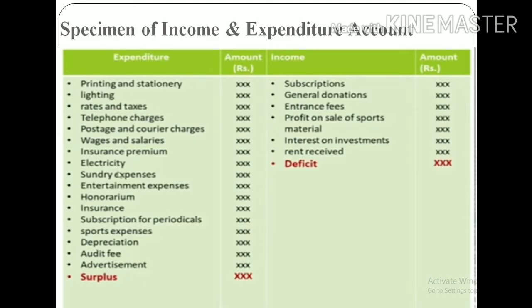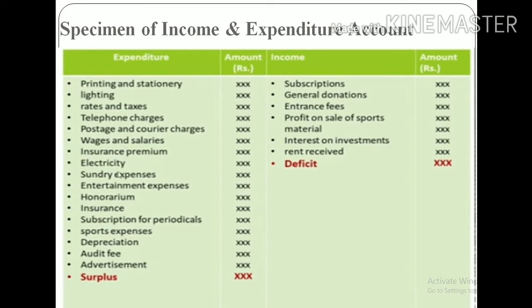Here the debit side shows the expenditure like printing and stationery, lighting, rates and taxes, telephone charges, postage, courier, sundry expenses, etc. And the income side shows subscriptions, general donations, entrance fees, profit on sale of sports materials, like that. The difference or balancing figure is known as surplus or deficit. So this is the format of the income and expenditure account.